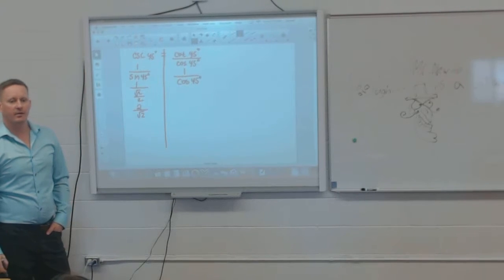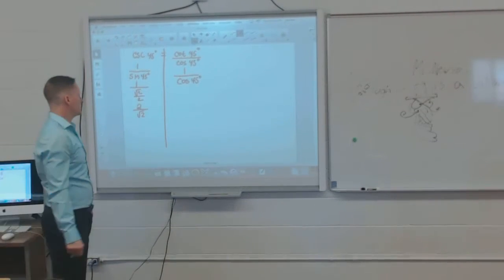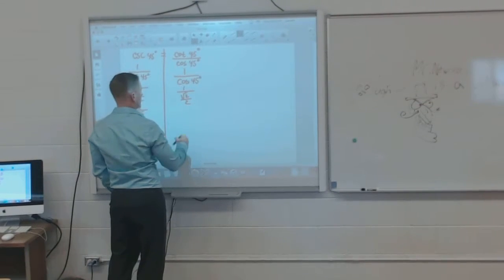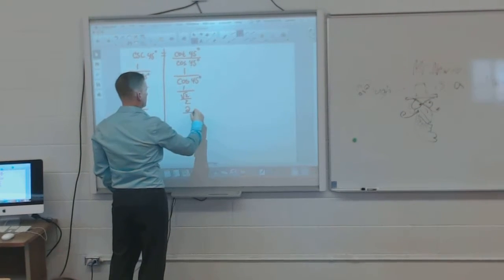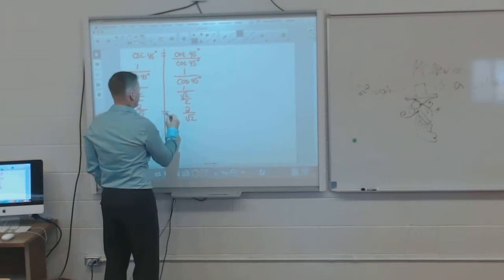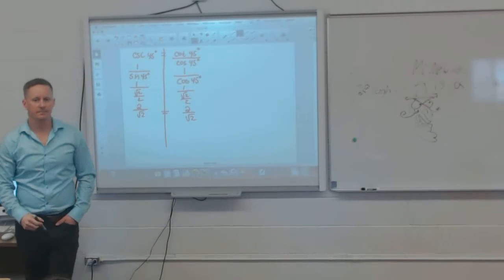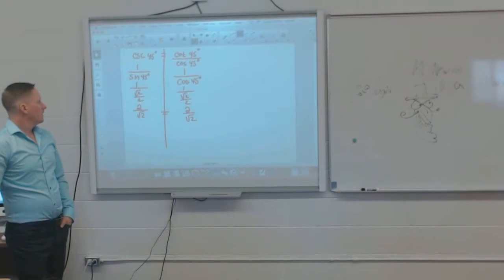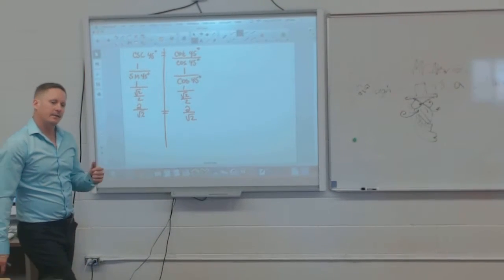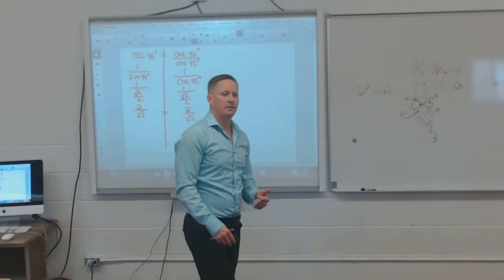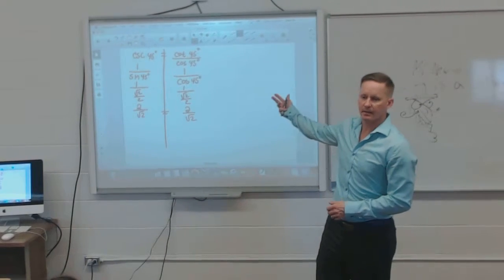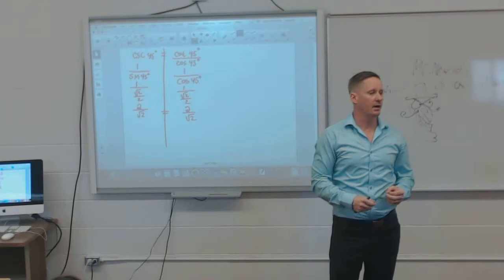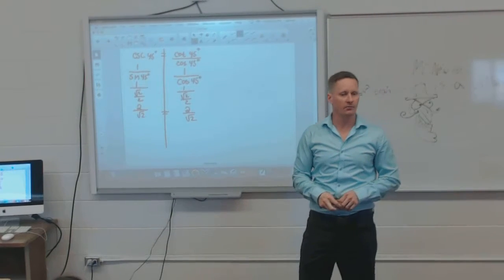What is the value of cos 45? Root 2 over 2. So that gives me 1 over root 2 over 2, which is 2 over root 2. My left-hand side equals my right-hand side. On the exam, you could use this method instead of the other method, and you can choose whatever values you want to put in to solve.